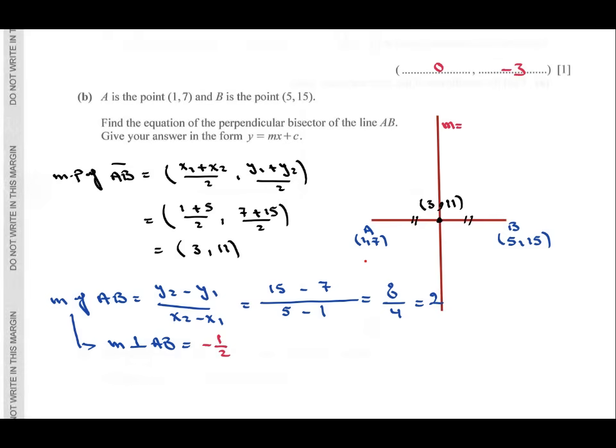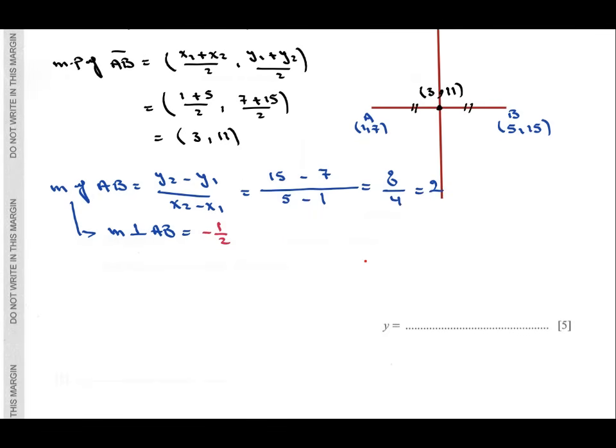Now we have a gradient and a point. We can find the equation. The equation of the line y equals mx plus c. m is equal to negative half. y equals negative half x plus c. To find the y-intercept, the c value, we have to replace x by 3 and y by 11. 11 is equal to negative 3 over 2 plus c.